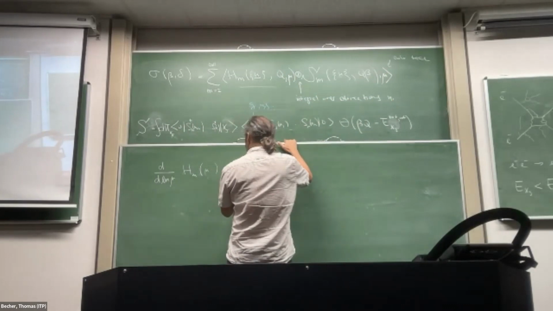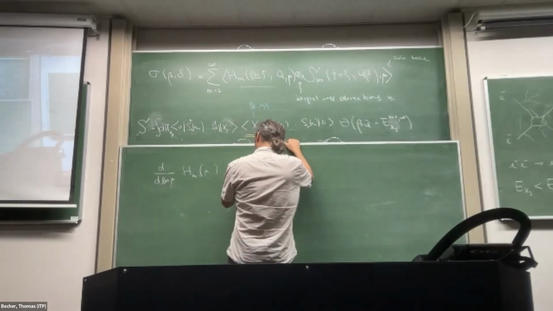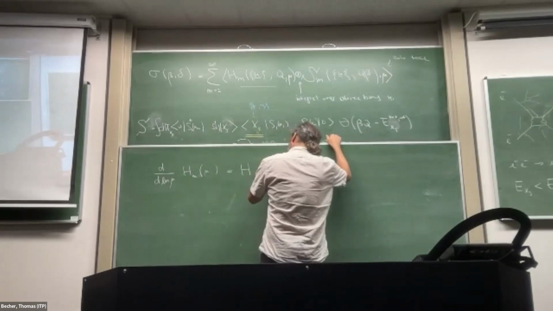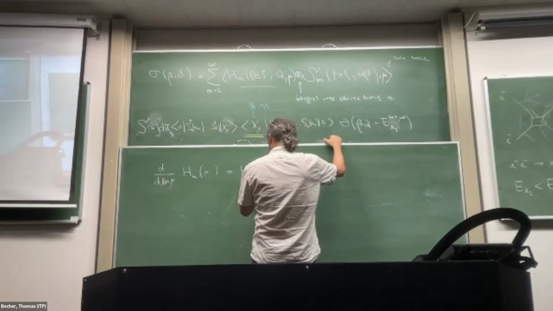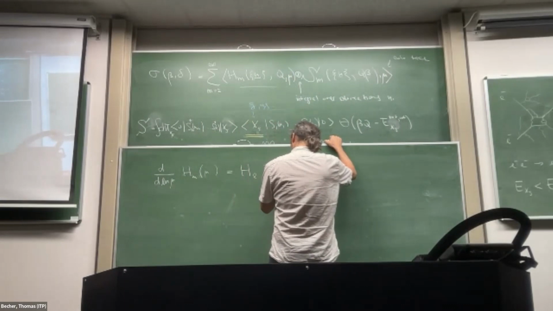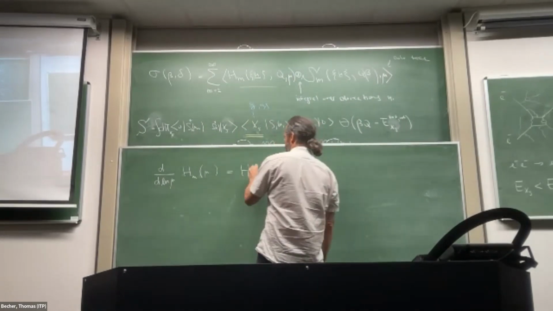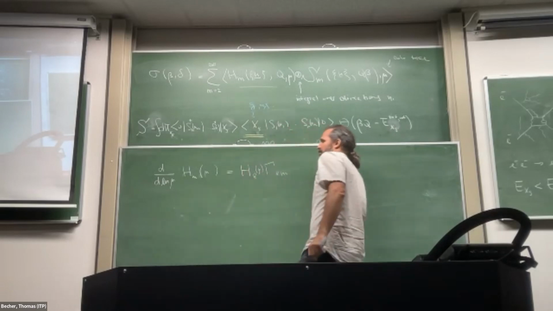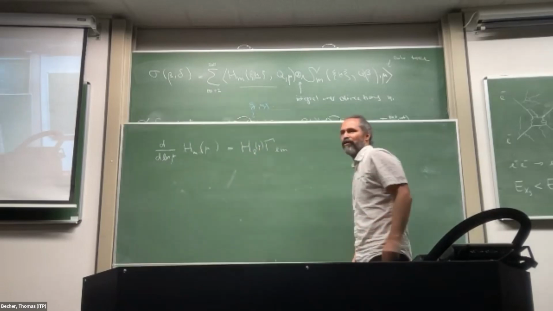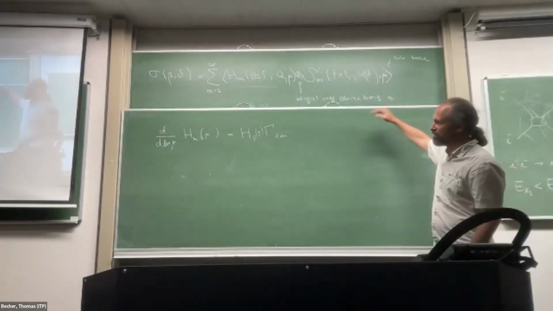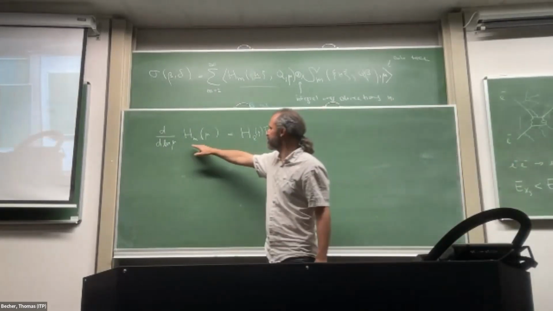This is the same as the hard function times the anomalous dimension matrix. This is it. This is the RG evolution equation that we have to solve to resum these logarithms in jet processes.